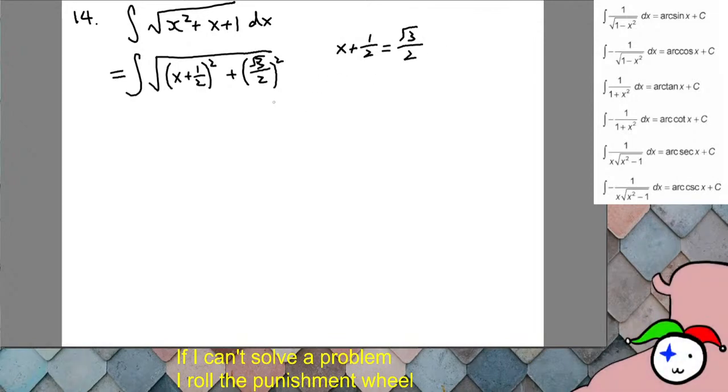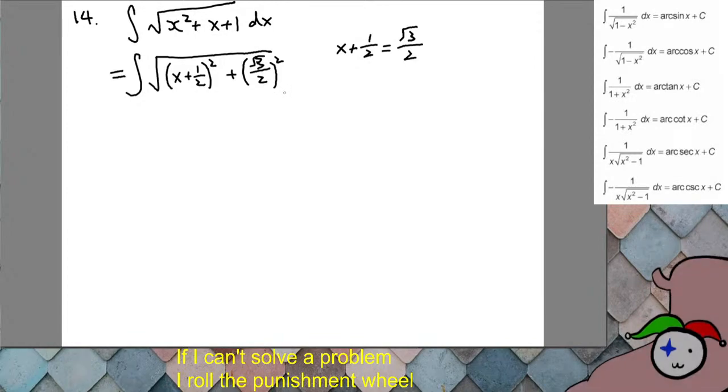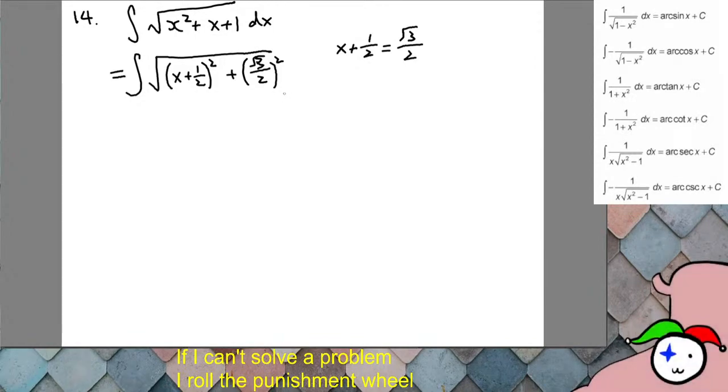I don't think sine would work because 1 minus sine gives you cos, but remember 1 plus tan does give you secant, or we can use cotangent, 1 plus cotangent gives you cosecant.